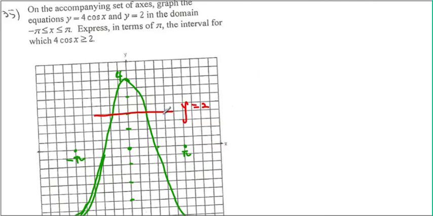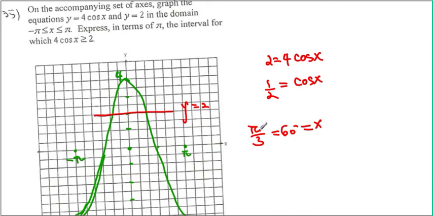For example, this particular point would be 2 equals 4 cosine of x. That means cosine of x has to be equal to 1/2. Cosine of x will be equal to 1/2 when x equals 60 degrees, which is pi over 3. So this will be this interval, these two values. Even though it's not accurate, it will be negative pi over 3 to positive pi over 3.